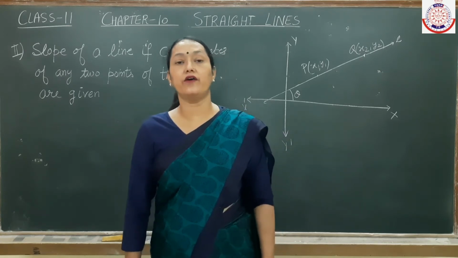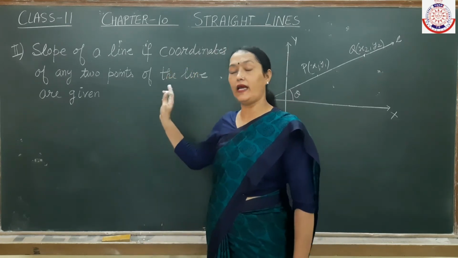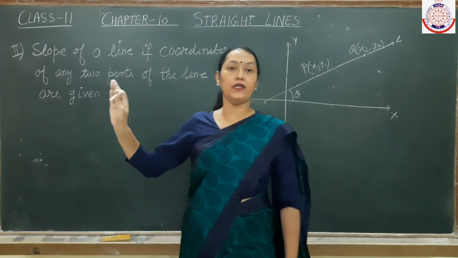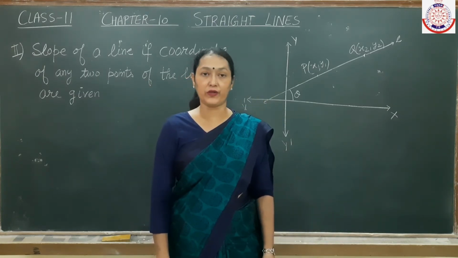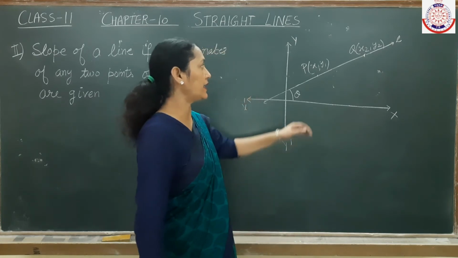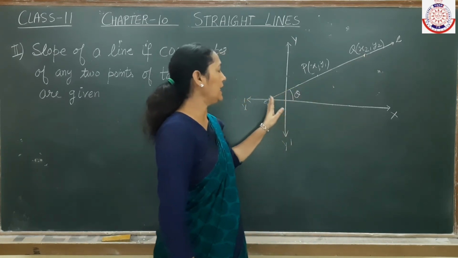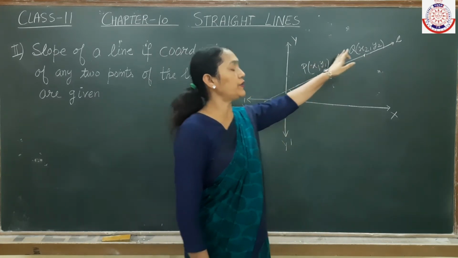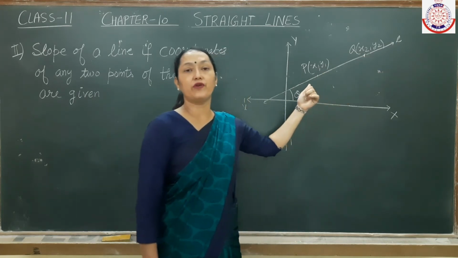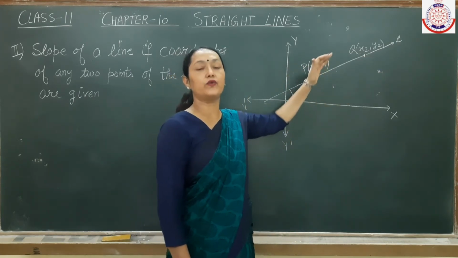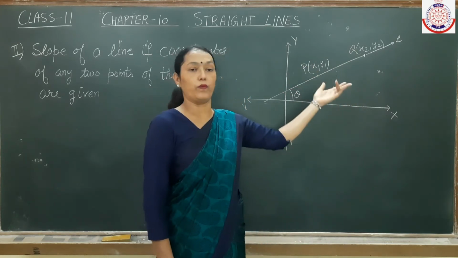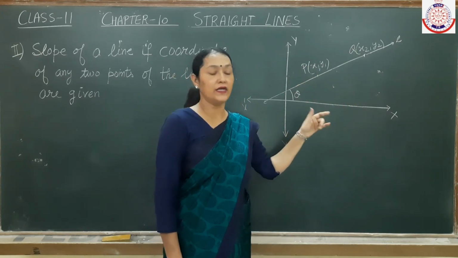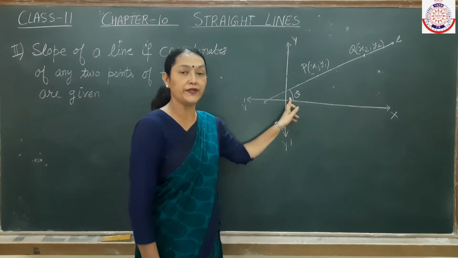Second case, when we have to find the slope of a line L, when the coordinates of any 2 points of this line are given to us. For this, I've drawn line L having 2 points P and Q on it. Point P is having coordinates x1, y1, and Q is having x2, y2. And we have to find the slope. Slope means tangent theta, and the angle of inclination is formed here.